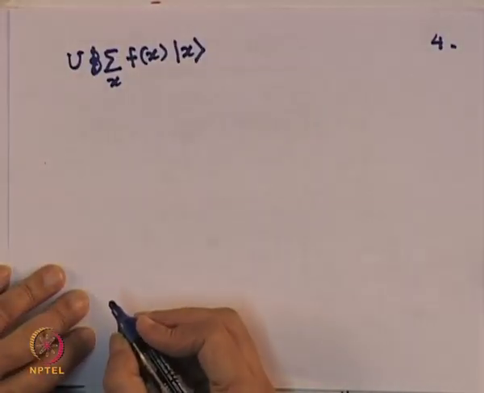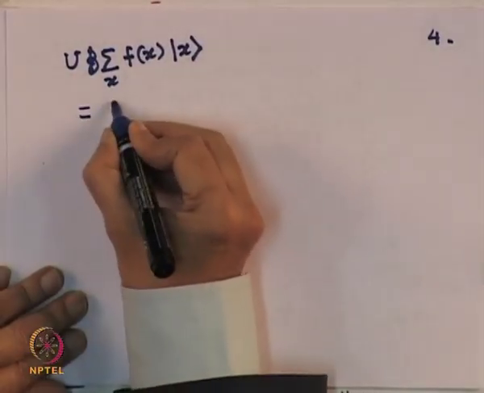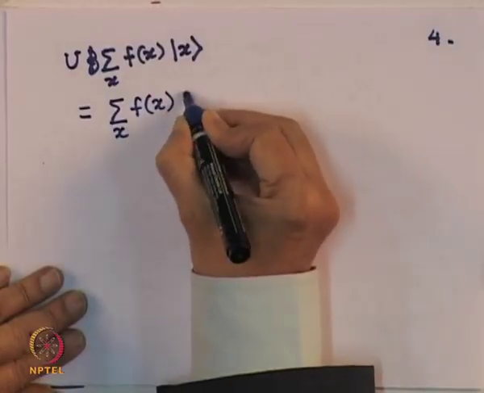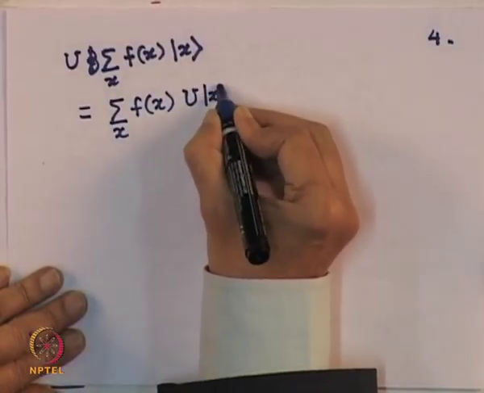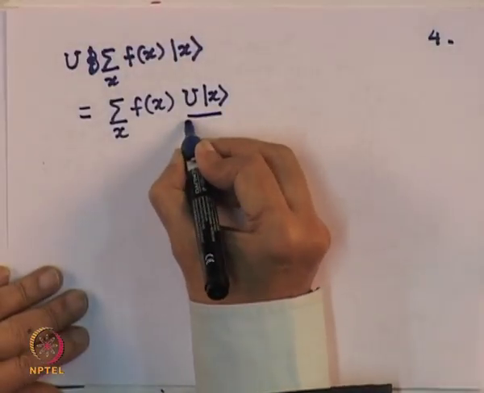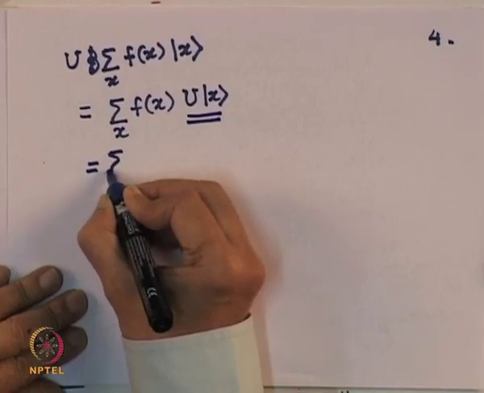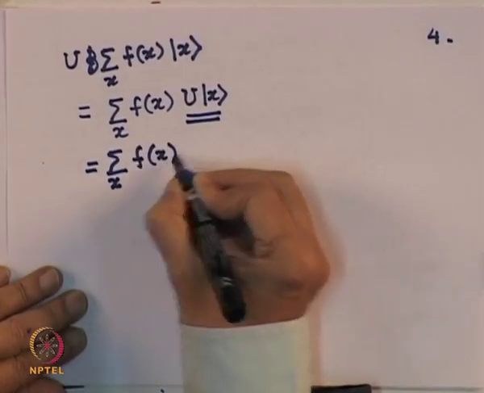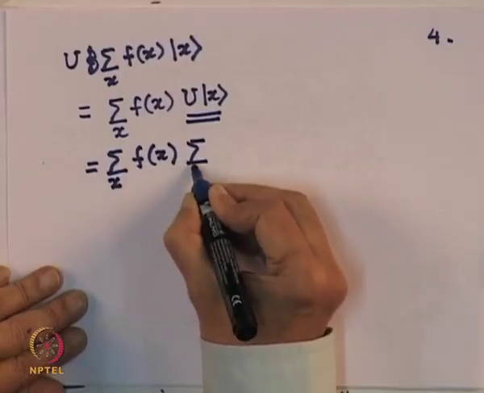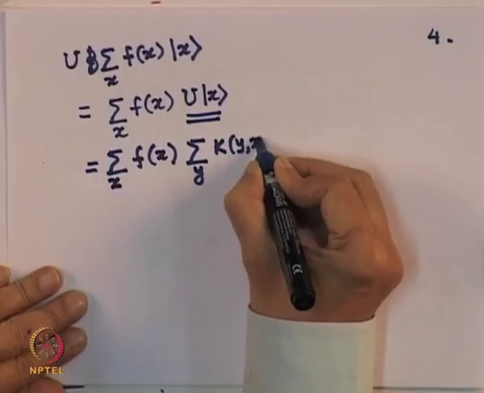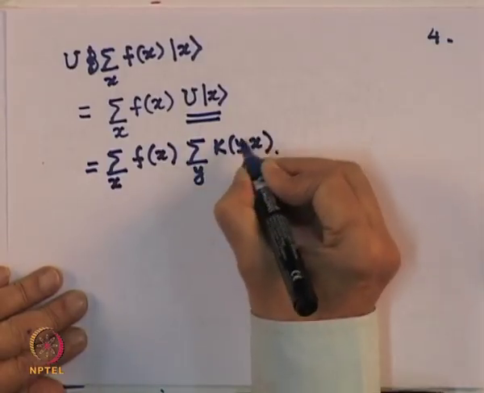What does it do? By linearity, I have the sum over x of f(x) U acting on x, and just now we said U acting on x is the sum over y of k_{xy} y. Actually it should have been xy.